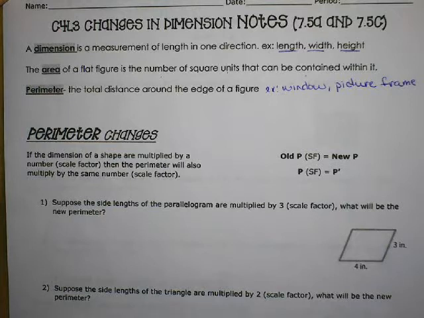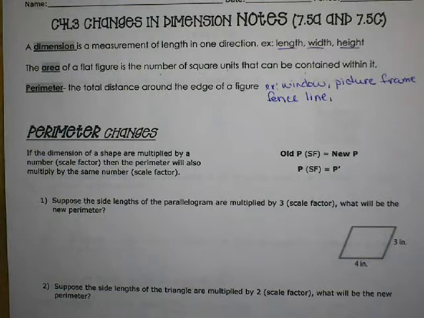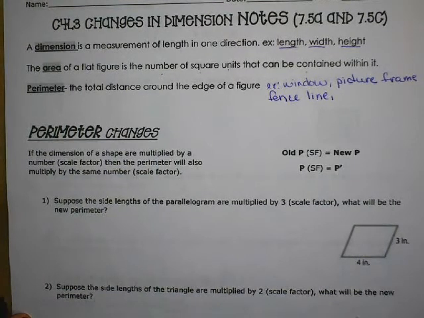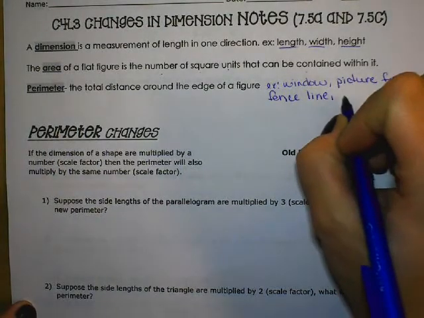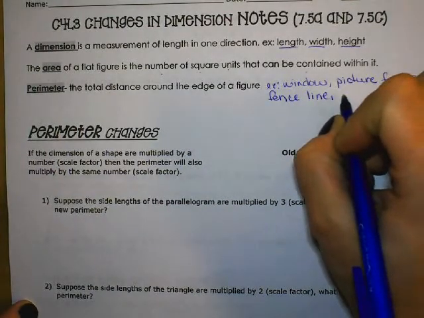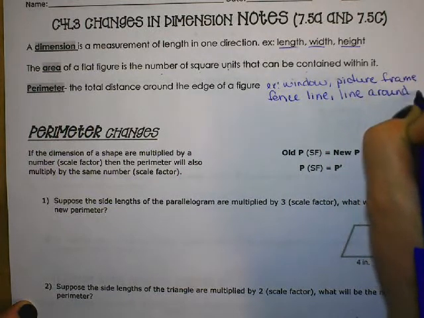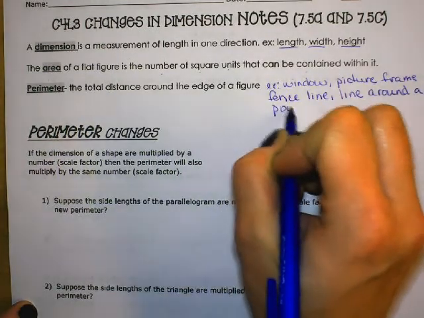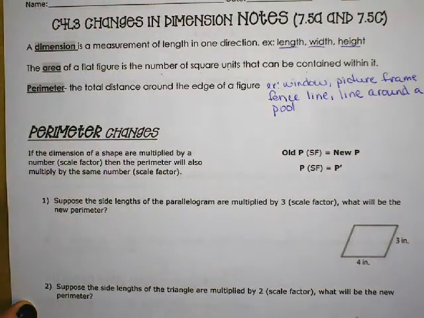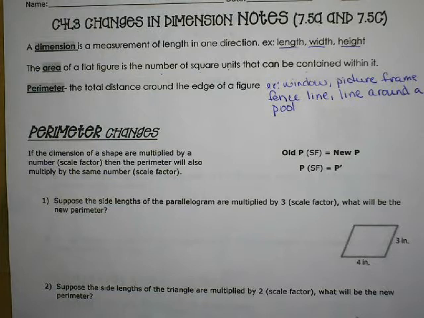What examples do you have? I came up with one more, the fence line around the yard. You could even consider the line around the pool. I'm sure there's many, many more that we're not thinking of right now.